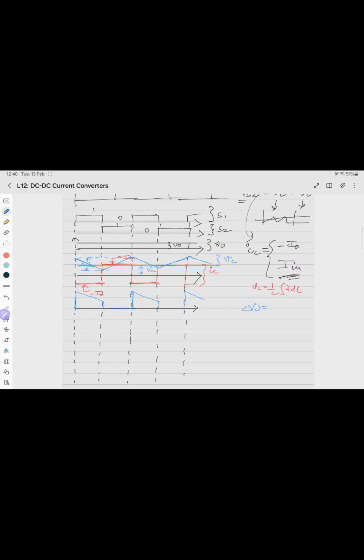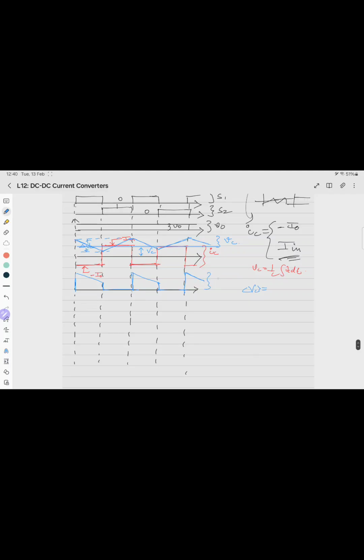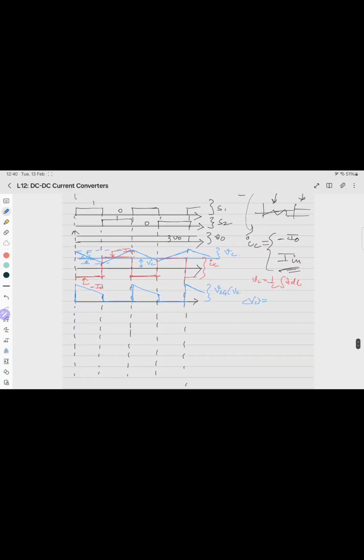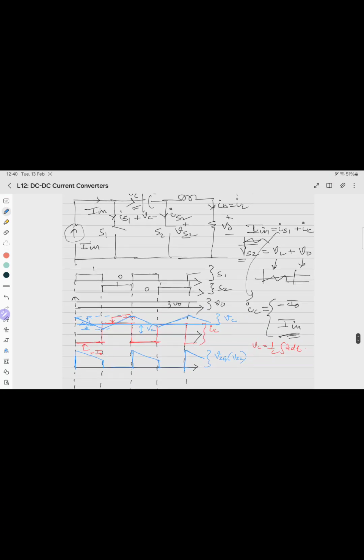So doesn't it look similar to the DC-DC voltage converter, where this waveform belongs to V to G or VS2? Because out of the VS2 the ripple goes, so like this.